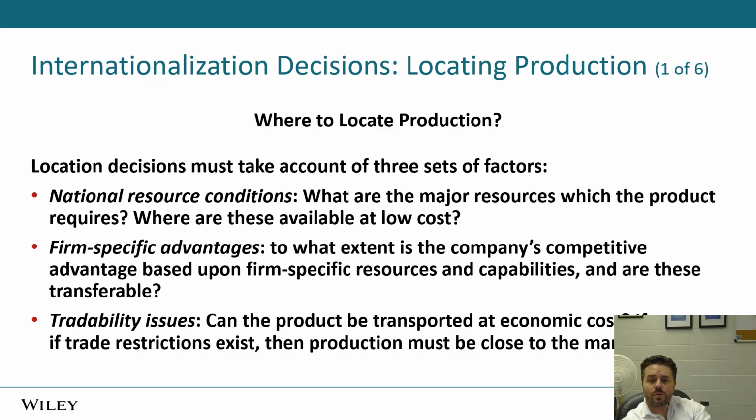What are the major resources that we need for this product? Where can we get these at the lowest cost? Kind of obviously, if it's manufacturing or very labor intensive like textiles, which are still at very low levels of automation, if we're Nike, for example, well, we'll do the manufacturing in India, Vietnam, Bangladesh, where labor's cheap, and there are skilled textile workers.